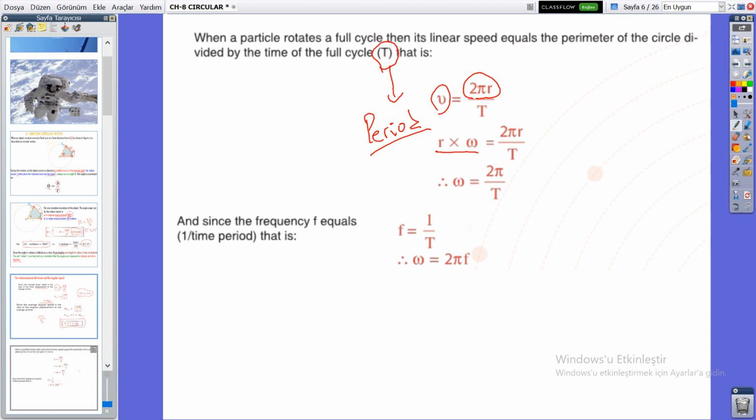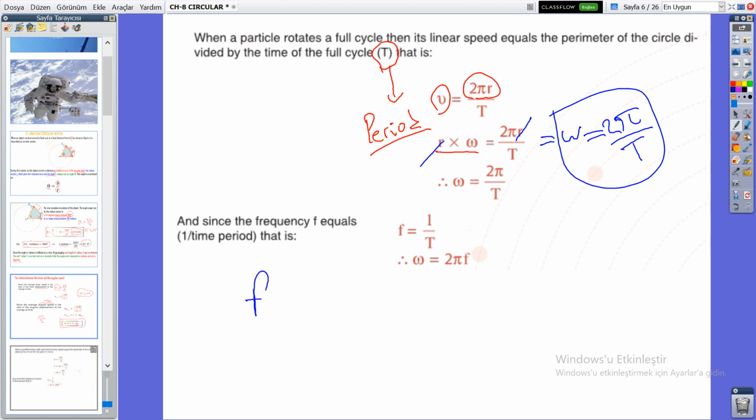On both sides there is r, and it simplifies, so angular speed equals 2 pi over period. And if you remember from before, we can connect period to frequency.